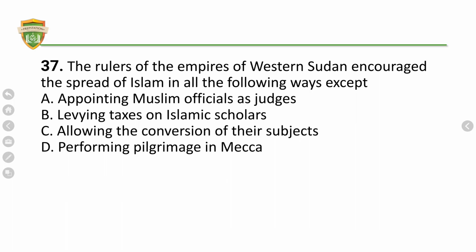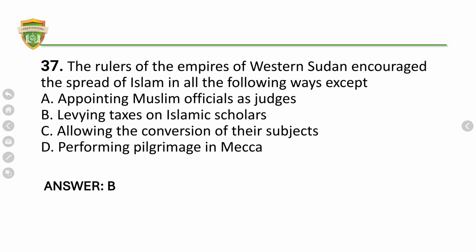The rulers of the empires of Western Sudan encouraged the spread of Islam in all the following ways except dash. Let's see. The answer is what? B. Levying taxes on Islamic scholars.